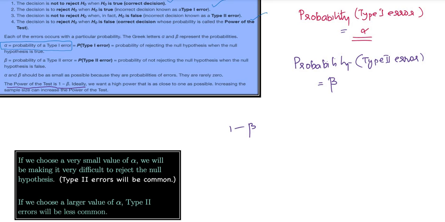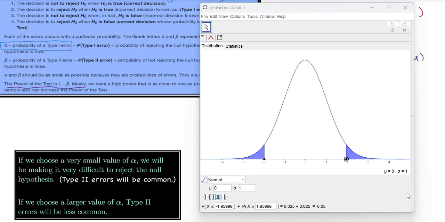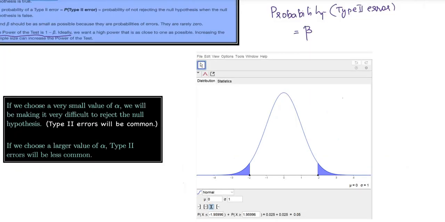Because if you have the probability curve, we can see that the central area is 95%. The remaining portion is 5%, that is the significance level, and it is divided into two portions: 2.5% on one side and again 2.5% on the other.